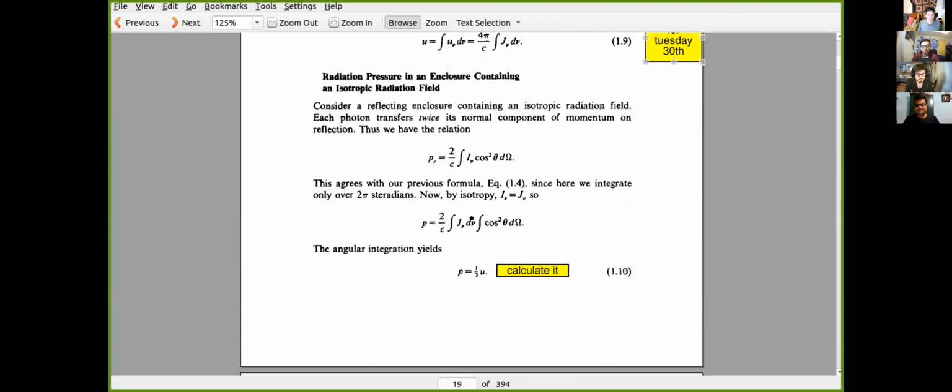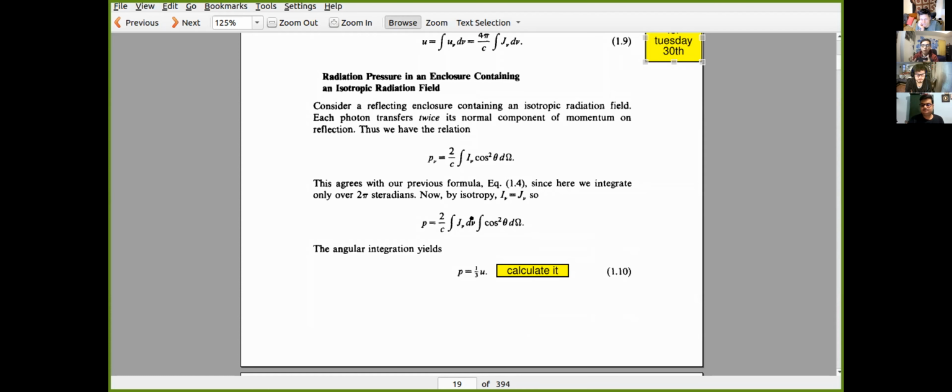Okay, so the radiation pressure is related to the component of the momentum on the reflection off an enclosure. So in this part, we'll be talking about radiation inside a reflective enclosure. So the radiative energy, the photons, can't get out of this enclosure.